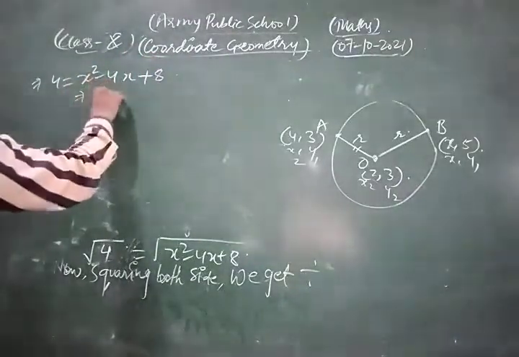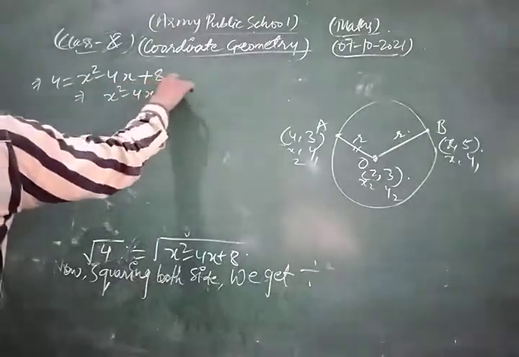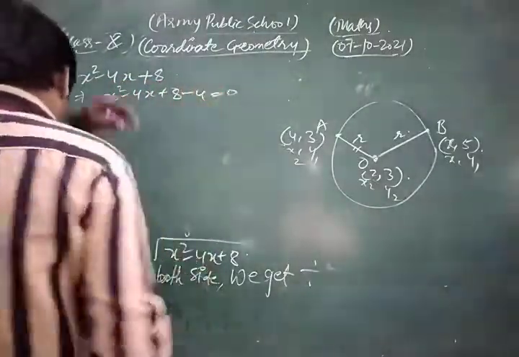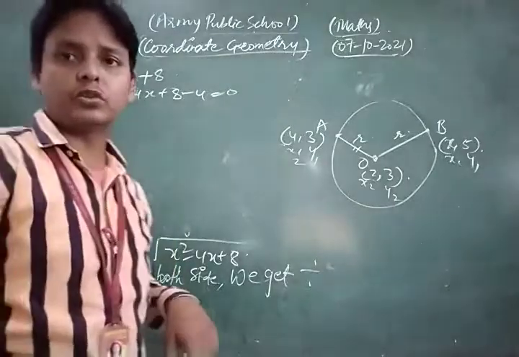Now from there we have x square minus 4x plus 8 minus 4 is equal to 0.